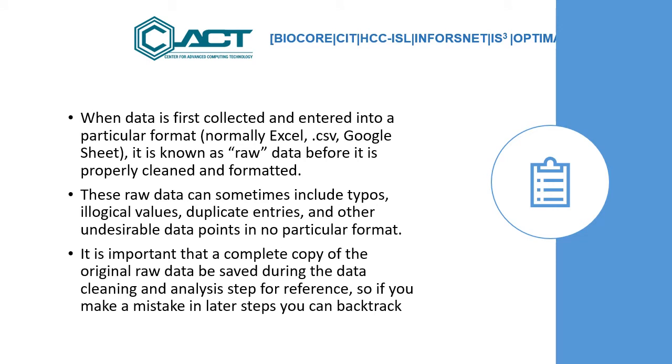So the first step is to retain a complete copy of the original data saved somewhere, and also another version of the data, which is the one that you want to clean, so that if you make a mistake during the cleaning process, you can always go back to the original data set.